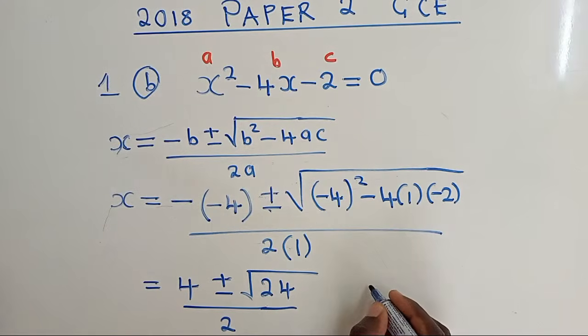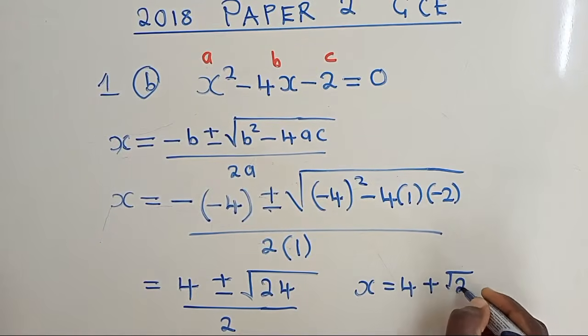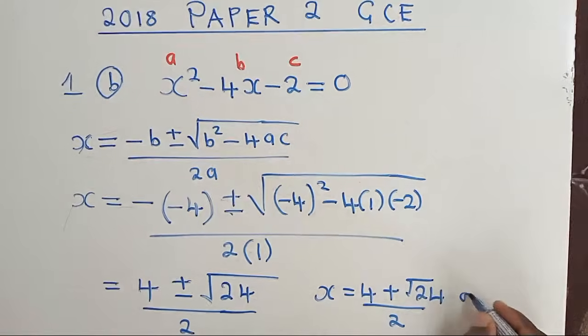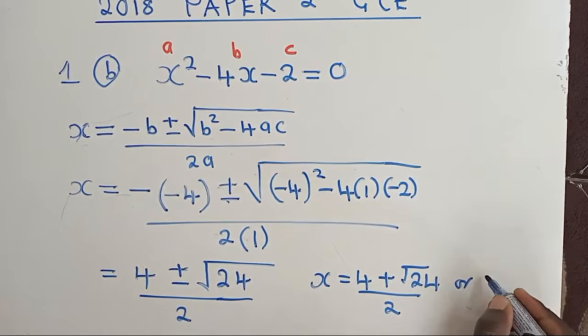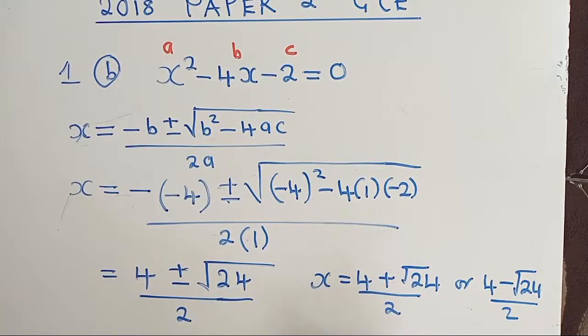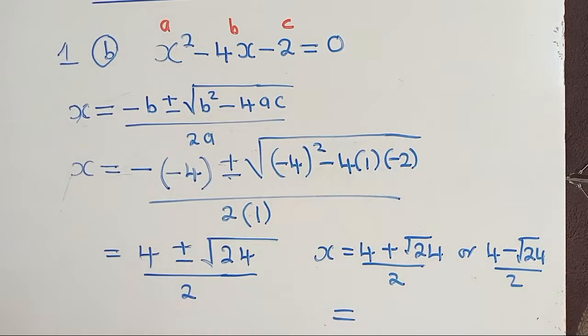Next, x is equal to 4 plus root of 24 over 2, or 4 minus root of 24 over 2.